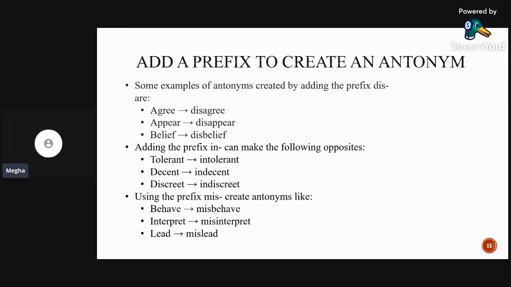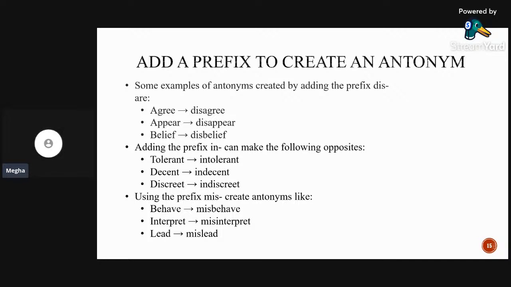Nobody? Yes. Advantage, disadvantage, respect, disrespect can also be one more example. Okay. That was about the first condition. By adding the prefix in, we can make the following opposites: tolerant, intolerant, decent, indecent, discreet, indiscreet.